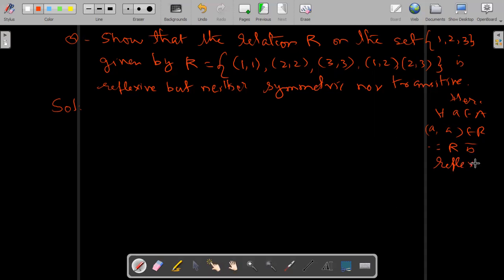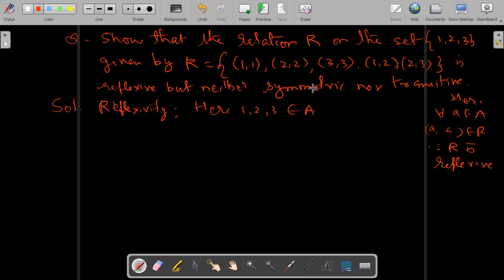This is also enough. But here we are taking some examples. For checking reflexive relation, here only 1, 2, and 3 belong to A.